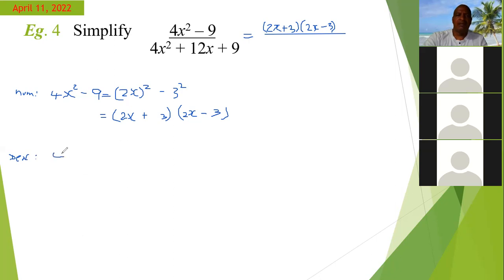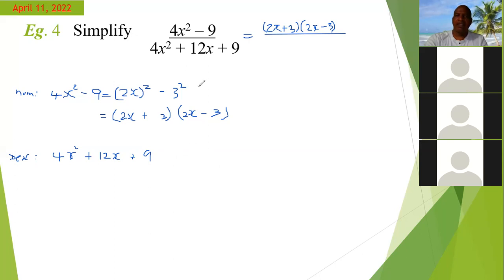We're factorizing 4x squared plus 12x plus 9. So I use the AC method. Yes, sir. 4 times 9. Now the AC method, just give me the factors that you get. 6 and 6, sir.